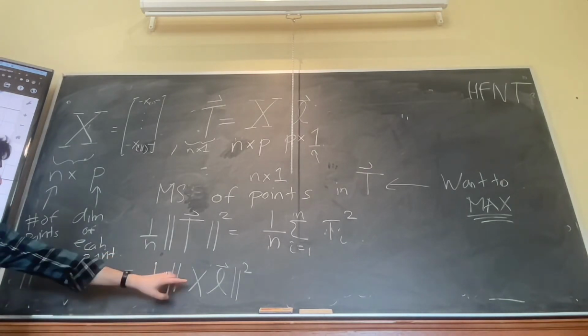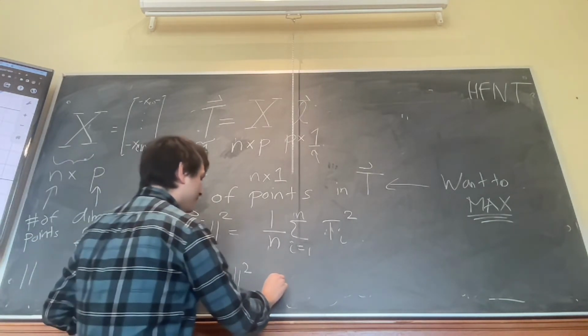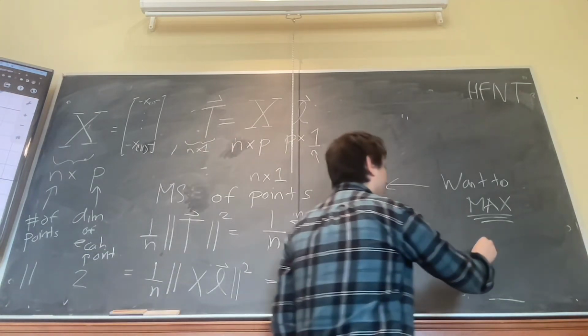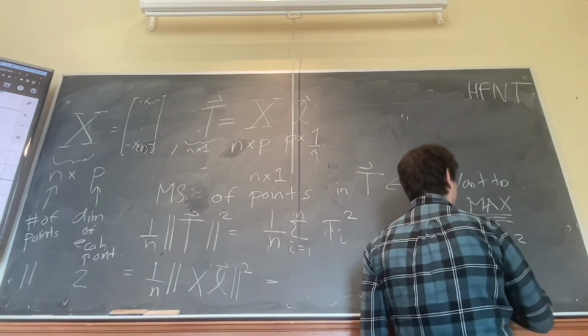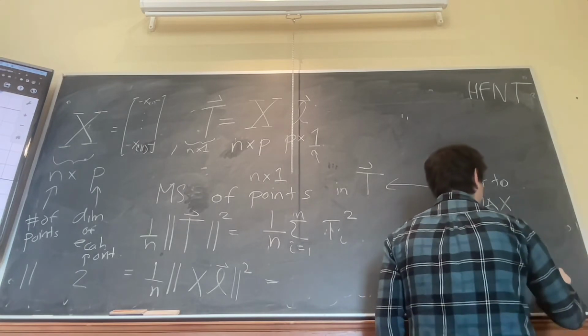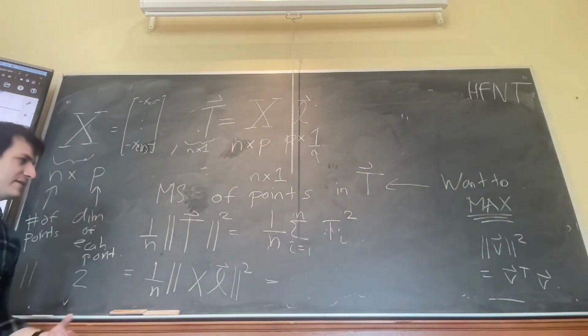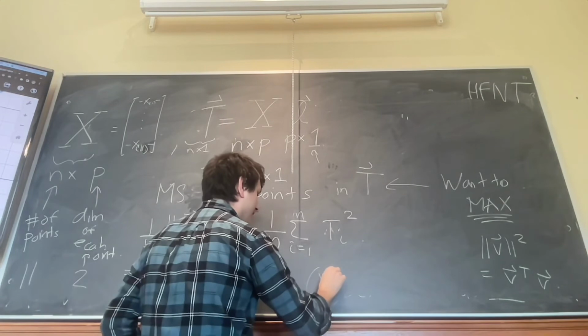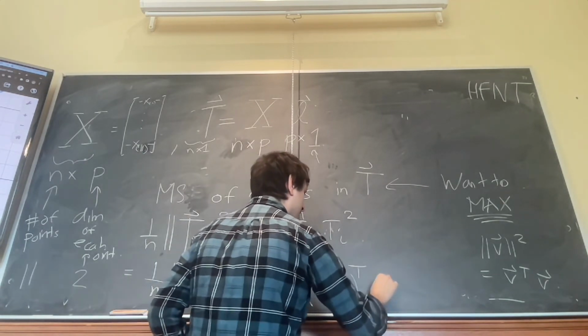And the norm of something squared, you can write as the vector transpose times the vector. So the norm of v squared is v transpose times v. So we do xL transpose times xL.